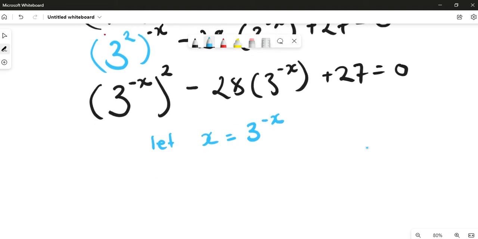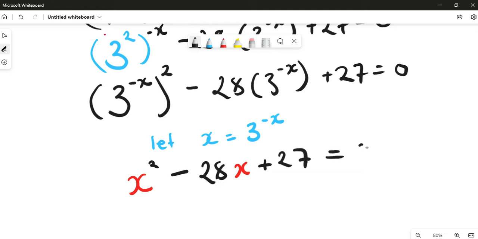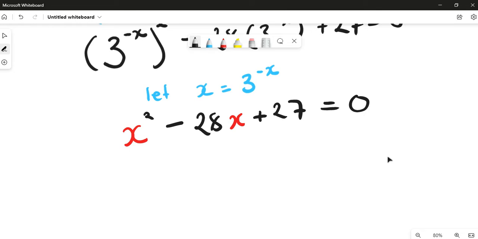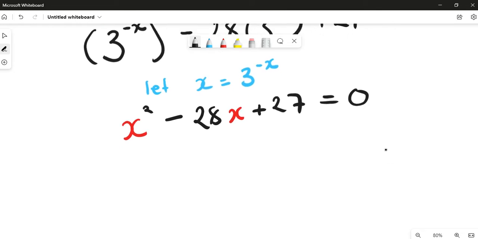Our equation now becomes x squared minus 28x plus 27 equals 0. Now we can solve it like a quadratic equation, right?